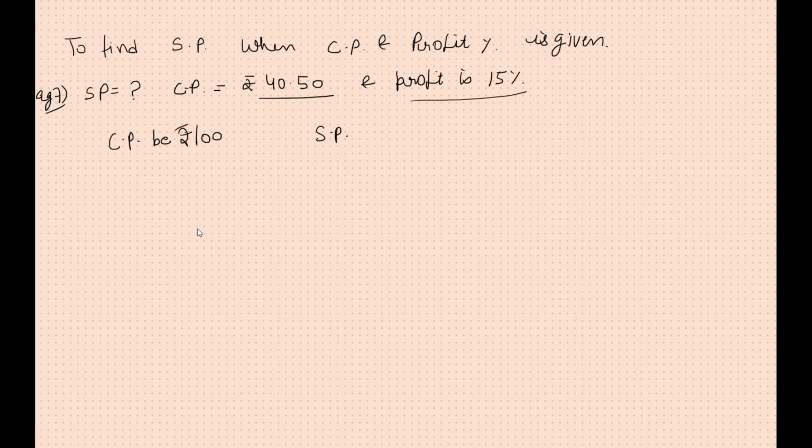So it will be 115 rupees. How did this come? Okay, I'll show you. 100 into 15 upon 100. 15% of 100 rupees. So 15 plus 100. So it is 115. Selling price equals 115 rupees.